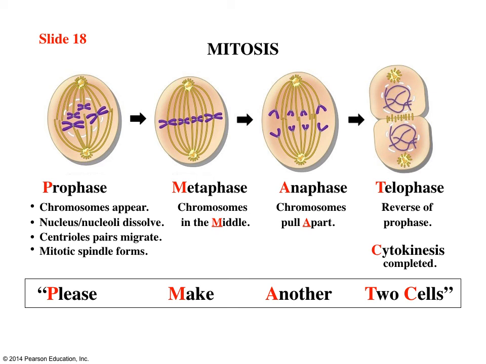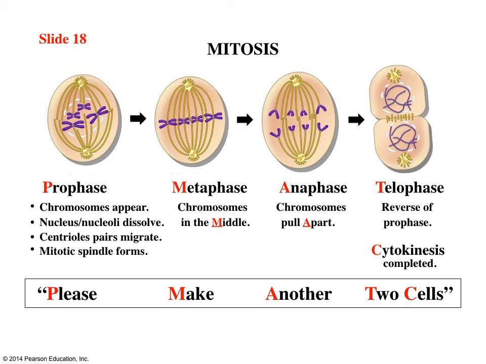Remember M for meta, M for middle. What happens in metaphase? All the chromosomes line up in the middle. Meta, middle. Anaphase, ana means apart. During anaphase, the chromosomes pull apart and start pulling into the now starting to form newly formed daughter cells.